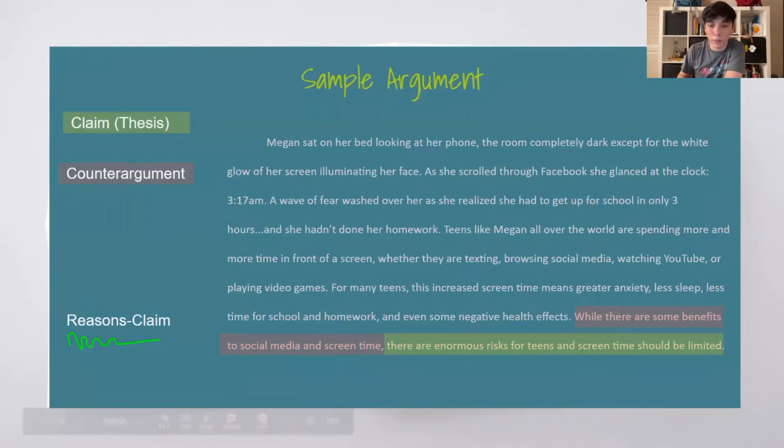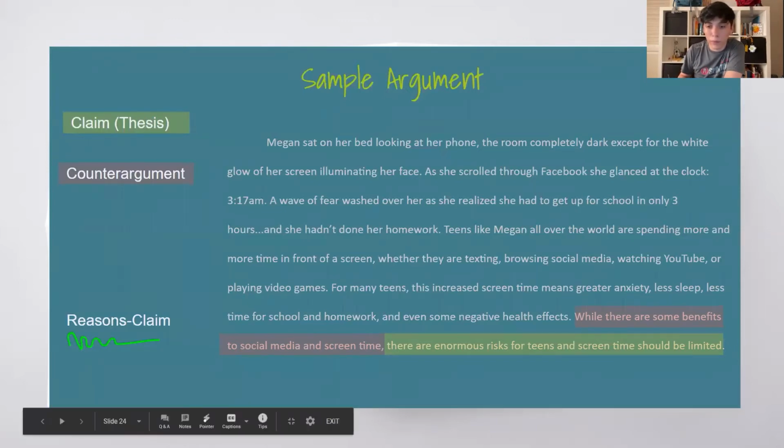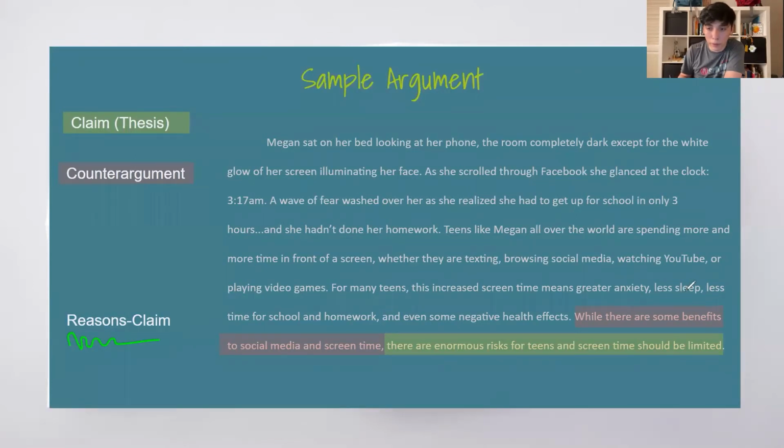And then, for some of the reasons, we can see that they list the reasons before the sentence for the claim. So the reasons that support the claim. For many teens, increased screen time might mean greater anxiety, less sleep, less time for school homework, and might have negative effects on their health.